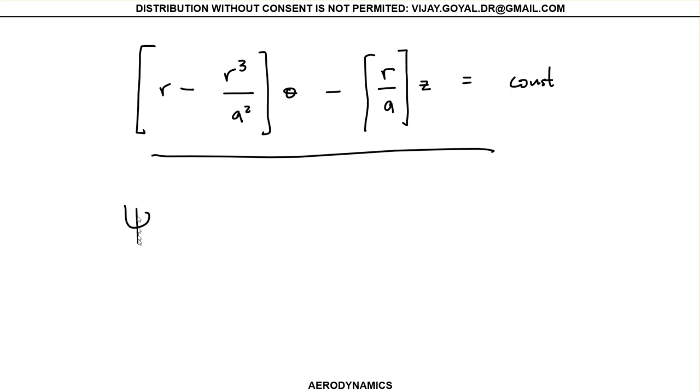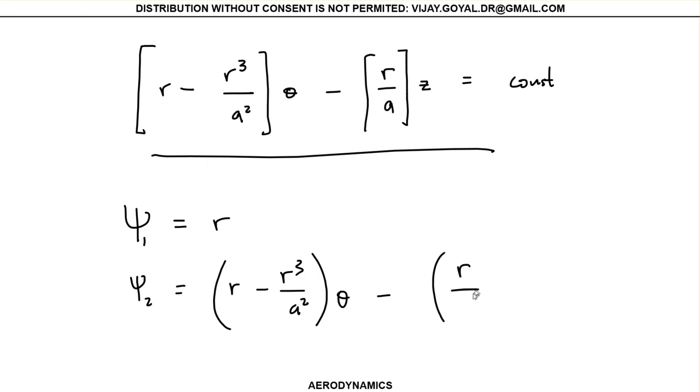That means that my first streamline function says phi 1 is equal to r, okay, and then the second equation says that phi 2 is going to be r minus r cubed over a squared, times theta, minus r a z.